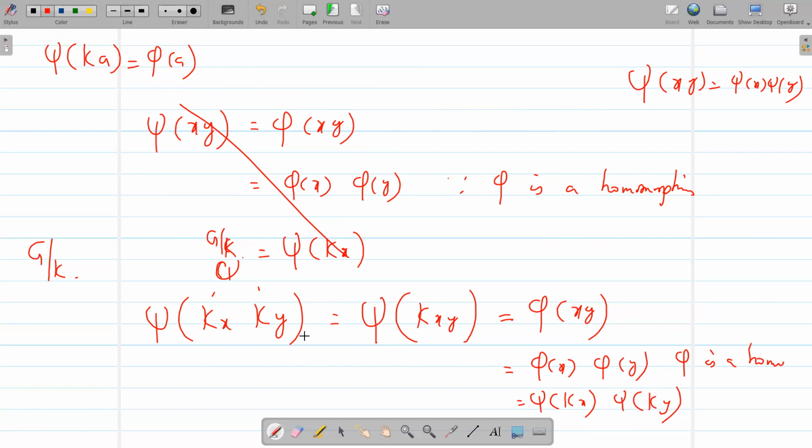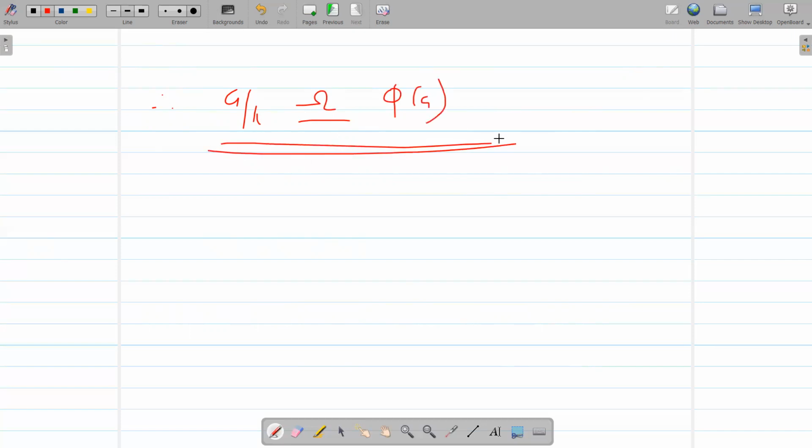We proved that psi of kx, ky is equal to psi of kx into psi of ky. Therefore, psi is an isomorphism. Therefore, G by K is isomorphic to phi of G, and hence the fundamental homomorphism theorem. Study it well. That is all for this video. Okay, thank you.